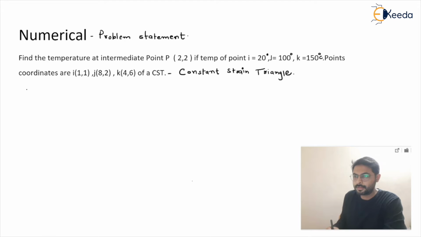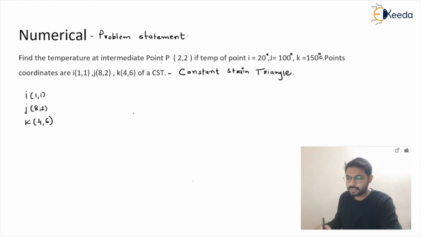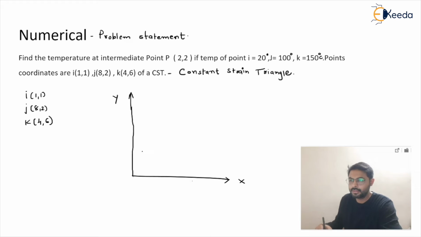These are the data given. First, the points coordinates are given like this. I is 1, 1, J is 8, 2 and K is 4, 6. So first let's draw this CST in the coordinate system. This is my X direction, this is my Y direction. Here in the first quadrant, the I point is somewhere here, 1, 1.